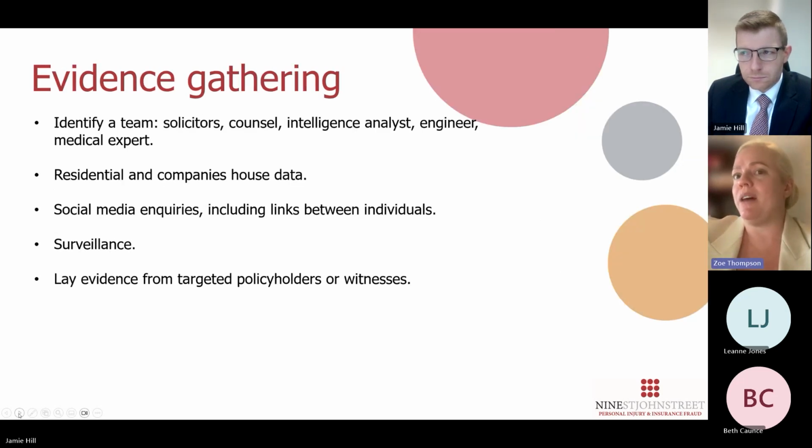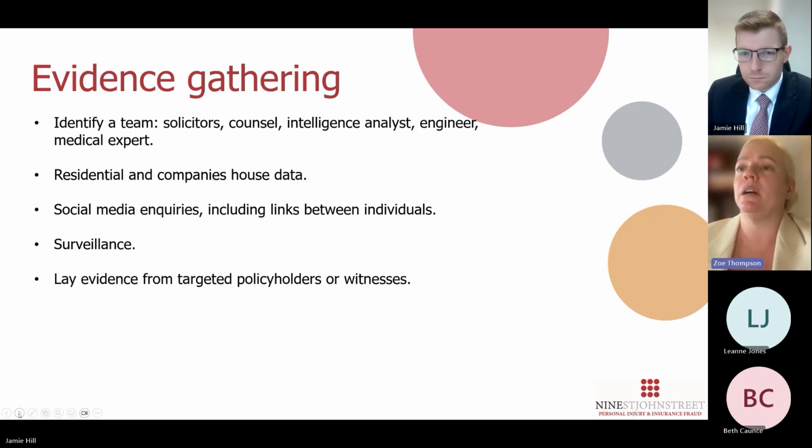How do you gather the evidence? Well, the first thing you do is you have a team of people who understand what it is you are looking for. So that includes the solicitors, obviously, the same solicitors dealing with the cases, instructing the same counsel who will go along to the trial and who will understand what information it is they need to unravel. Obviously, the same intelligence analysts.